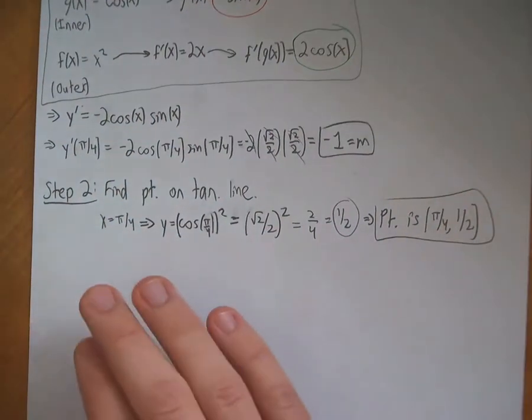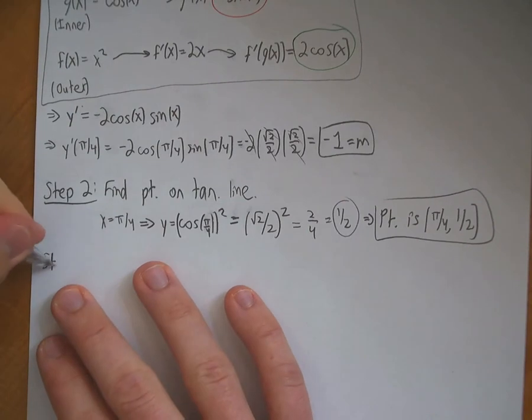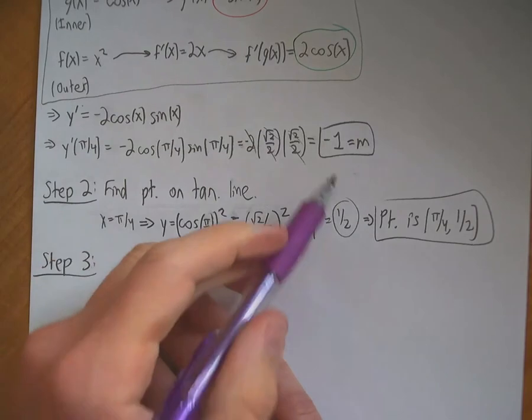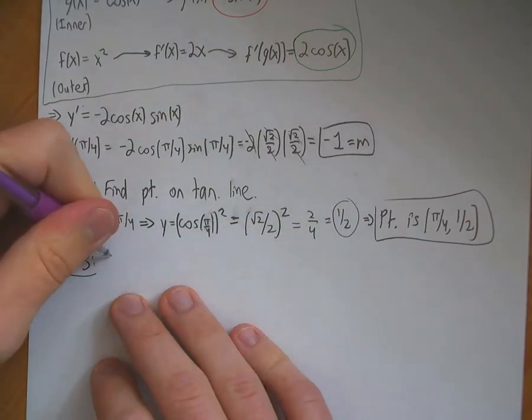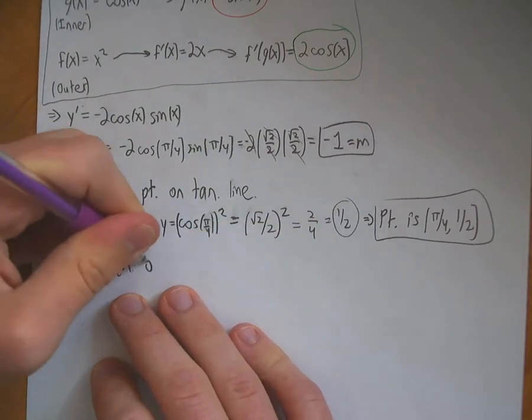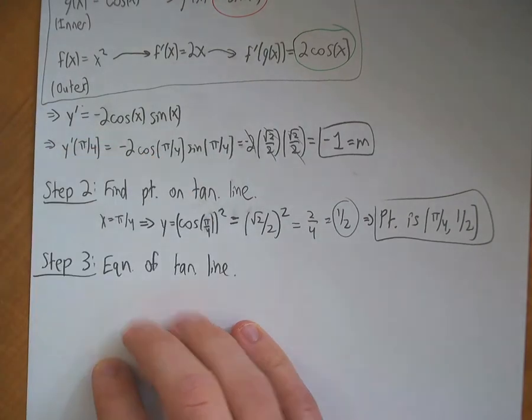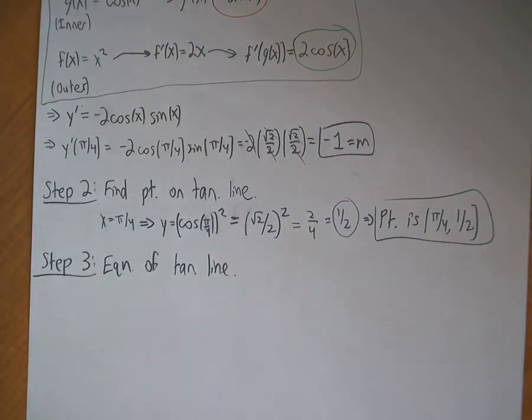And then the last step: now we've got our slope and our point, so just plug this into the equation of the tangent line. If you plug this into our good old point-slope form, what should we end up with?